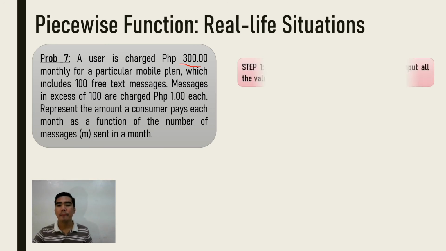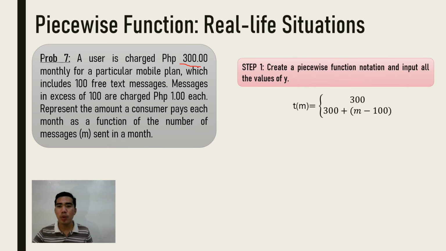Okay? So, ang gagawin natin, represent this one. So, we have 300 pag hindi lalagpas sa 100. Then, this time, 300 plus, bakit natin siya isubtract sa ating 100? Dahil pag nag-exceed lamang ang additional na 1 peso sa 100. Okay? Pag nag-exceed siya sa 100.